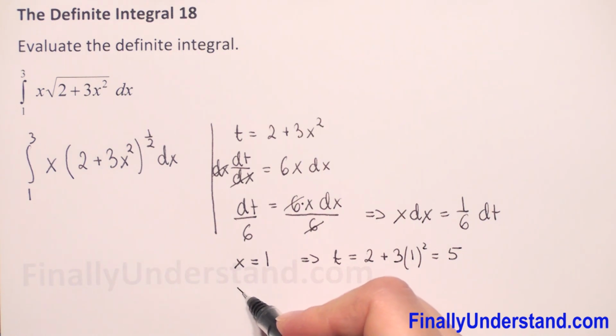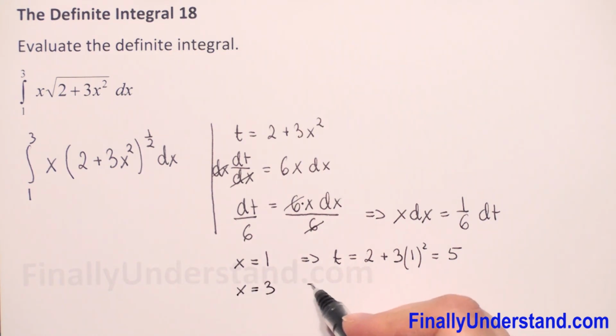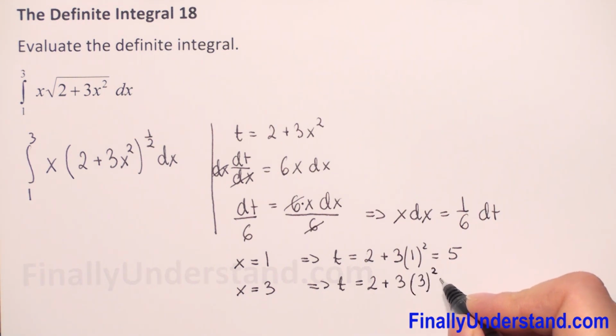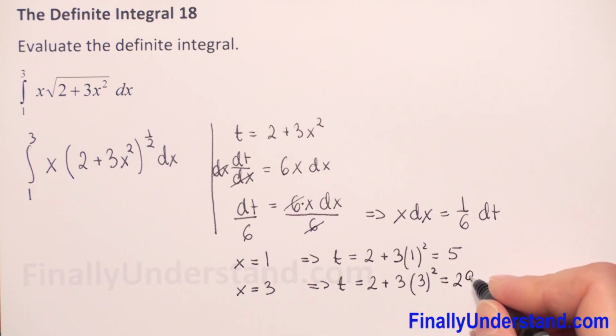Next, we have to find how much t equals for x equals 3. So t will be 2 plus 3 times 3 squared. This is equal, we have 2 plus 3 times 9 is 27. 27 plus 2 is 29.